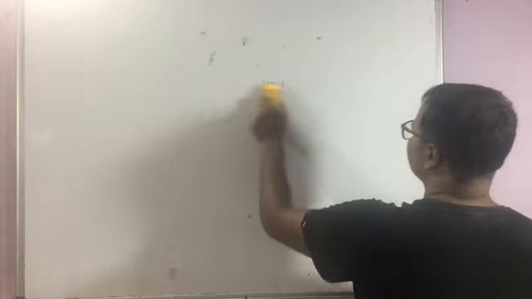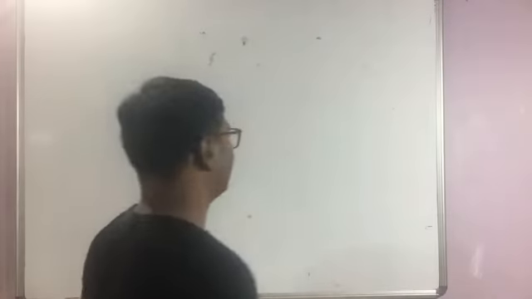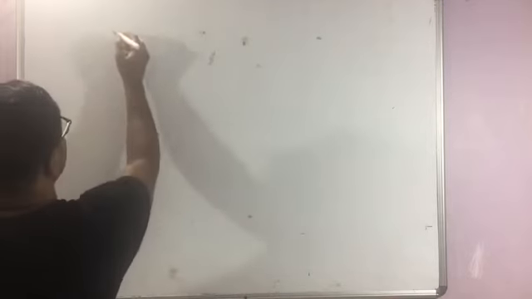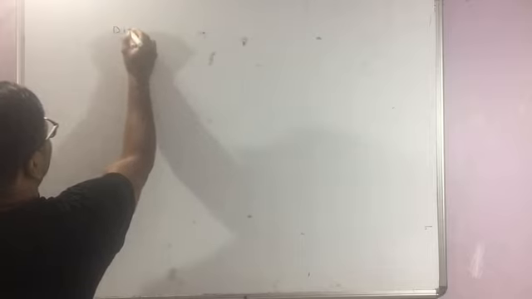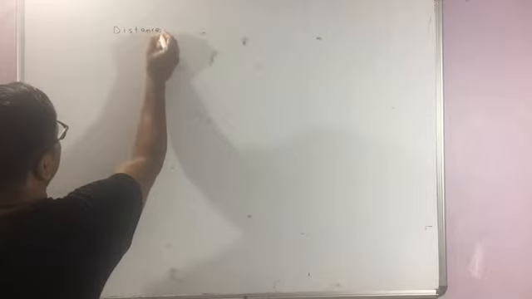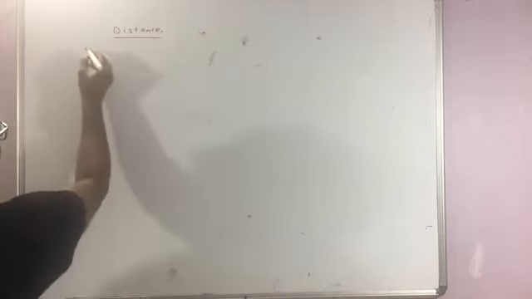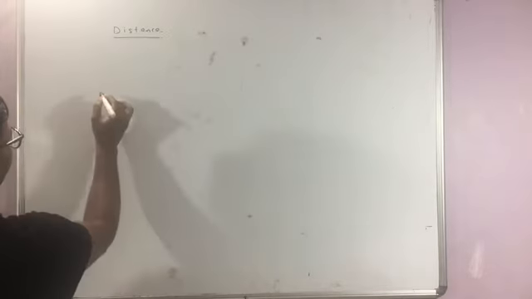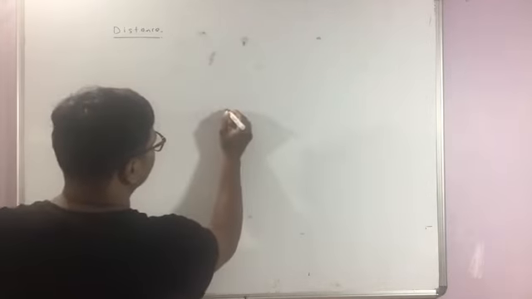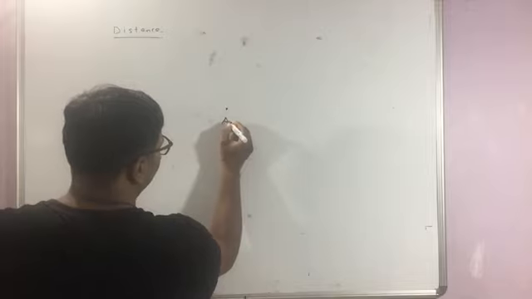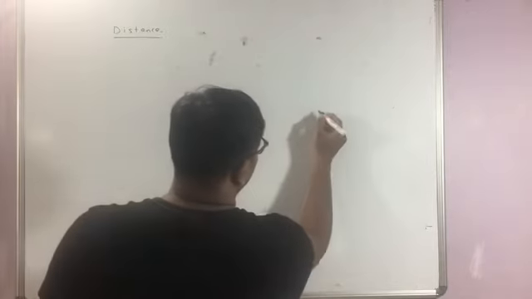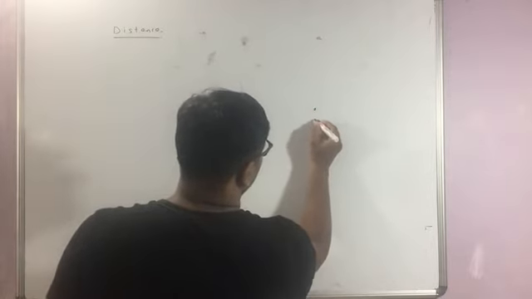Now let us come to distance and displacement. Distance. Suppose there are 2 points on earth, point A here and point B here.